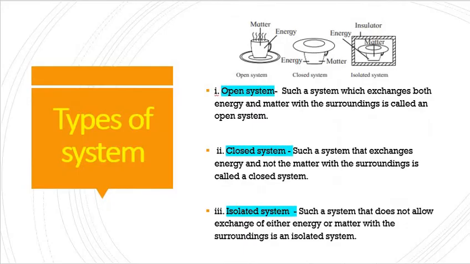Now, types of system. There are three types of system: open system, closed system, and isolated system. Now let's understand open system with this diagram. Here you have one cup of coffee, and it is open. It is not covered with a lid. Now coffee will cool down as it keeps releasing its heat to the surroundings. Here coffee is the system, and other things are surroundings.